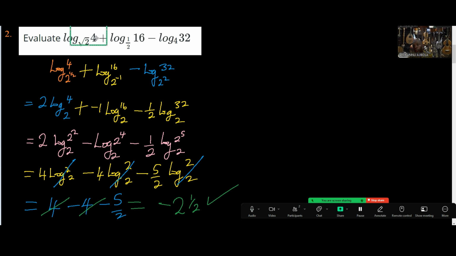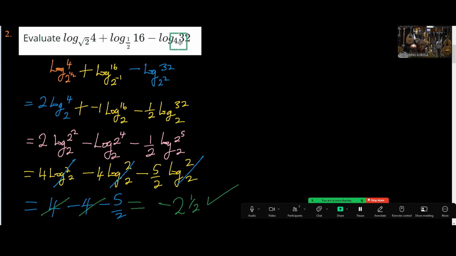So root 2 at the base gave us 2 raised to power half. Then our base half that is here gave us 2 raised to power minus 1, because 1 over a is the same as a raised to power minus 1. Is that clear? Yes, sir.